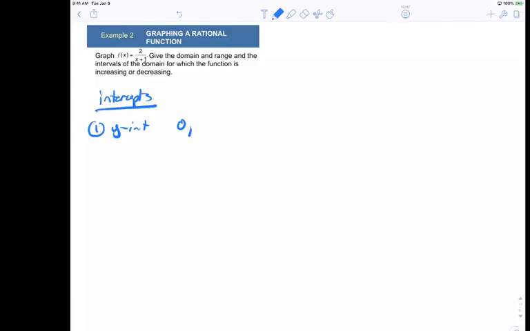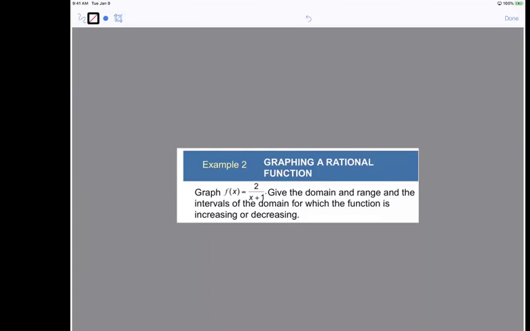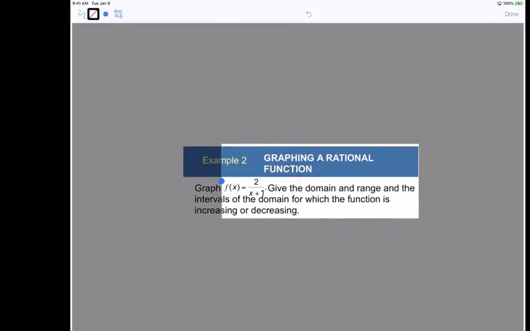When x is 0, can you see it? Let's copy, paste, edit, and crop. We want this.